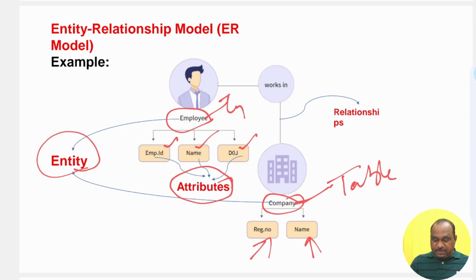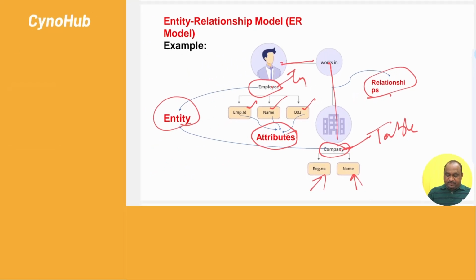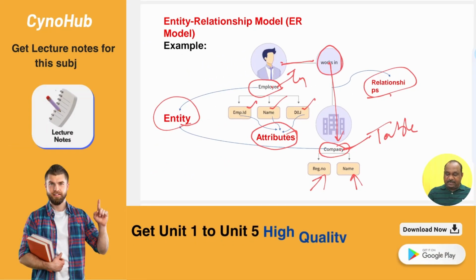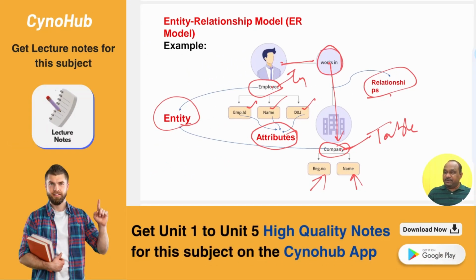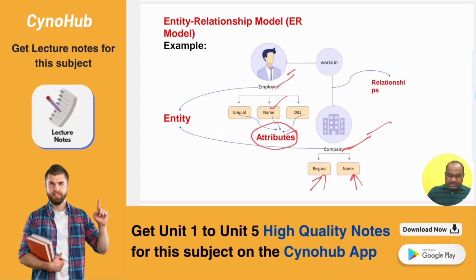Then you can show the relationship between employee and company using the relationship notation. That is, the circle represents that employee works in company. So this works in company represents the relationship between these two entities. This is a simple example of the representation of an ER diagram.